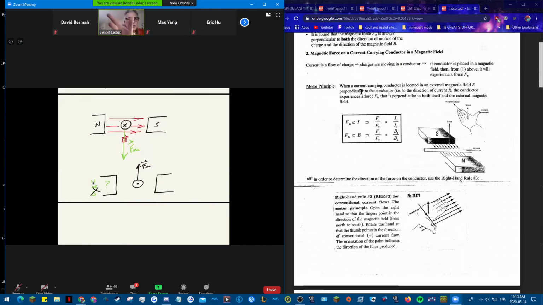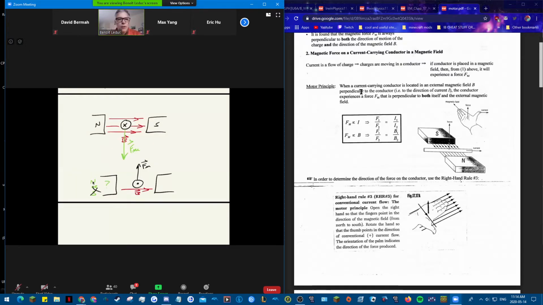All right. So the current is coming towards me, right? The force is this way, and B, the index, is the direction of the magnetic field. So the magnetic field is going this way.